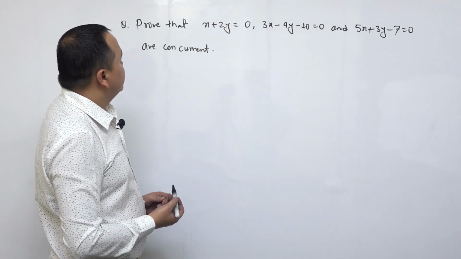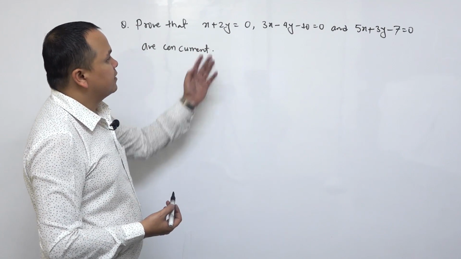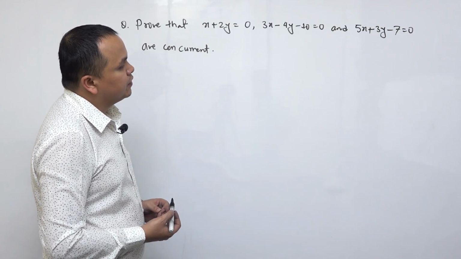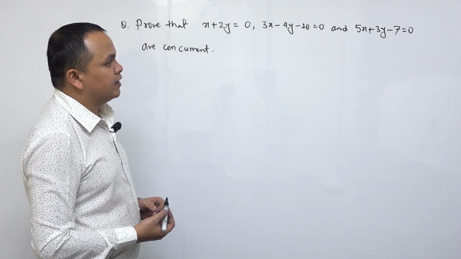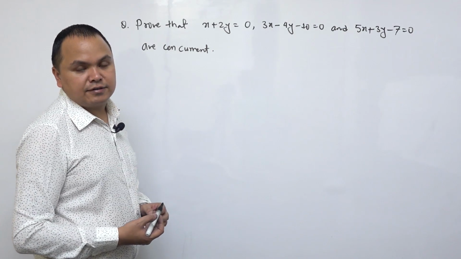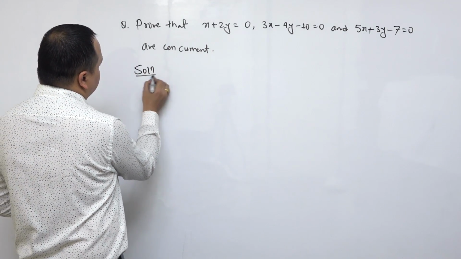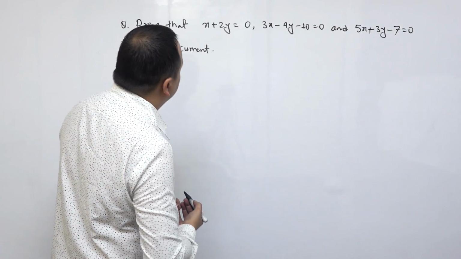Okay, we take another example. Prove that x plus 2y is 0, 3x minus 4y minus 10 is 0, and 5x plus 3y minus 7 is 0 are concurrent. First of all, what is concurrent?